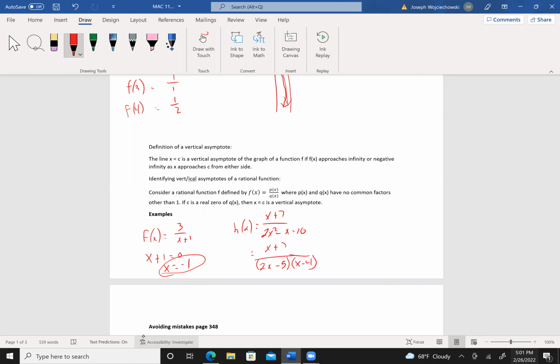So 2x minus 5 equals 0 gives x equals 5 halves, and x minus 4 equals 0 gives x equals 4. So I have 2 vertical asymptotes. Then looking at g of x equals 5x over x to the 4th plus 1, there are no real zeros in the denominator, so there are no vertical asymptotes.